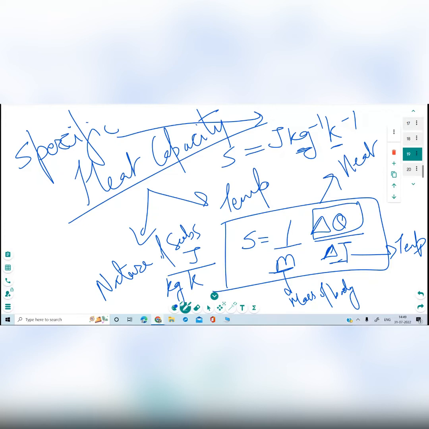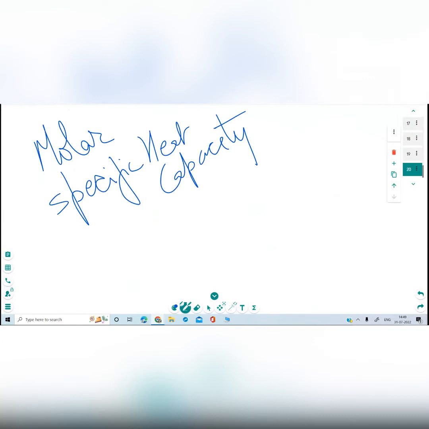Okay. So now we will learn about molar specific heat capacity. It is also the same, but instead of mass, we will be taking mole. That is the reason we've written molar specific capacity. And what is 1 mole?